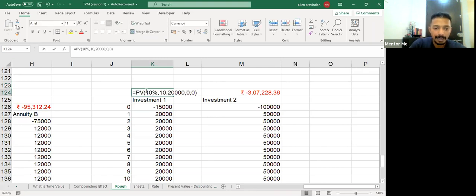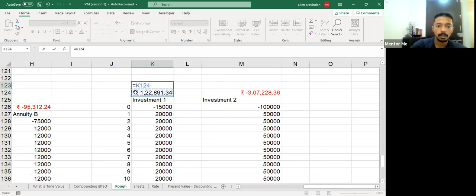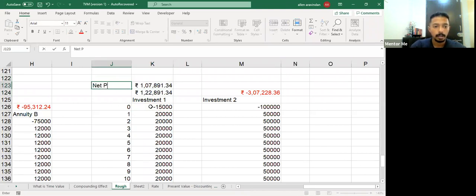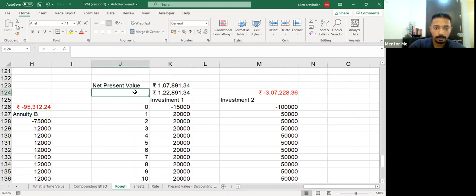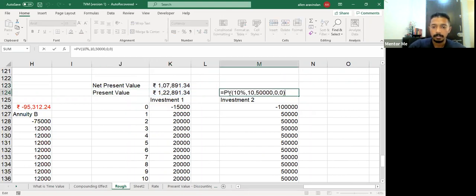First let me just make this positive so that it's easier to do. We know present value, and this is net present value. I'll do the same thing here.